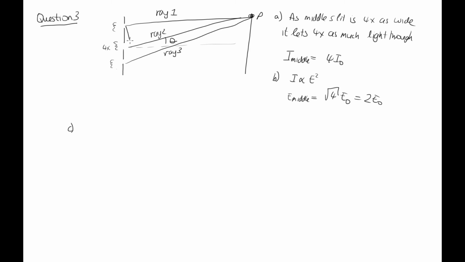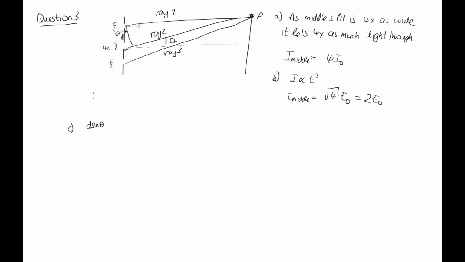So to work that out, we've got this additional distance traveled by ray 2 over ray 1. Now this angle in here is theta, which means that the angle here is also going to be theta. And so this additional distance here is going to be given by d sin theta. This d is the distance between these two slits, so that's d there.